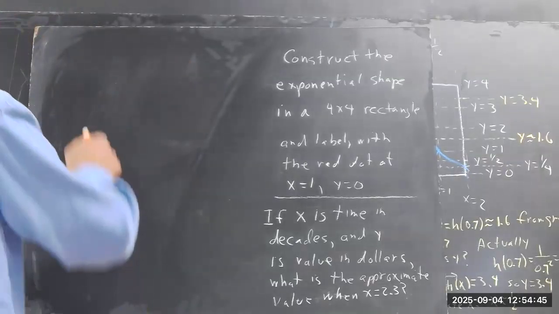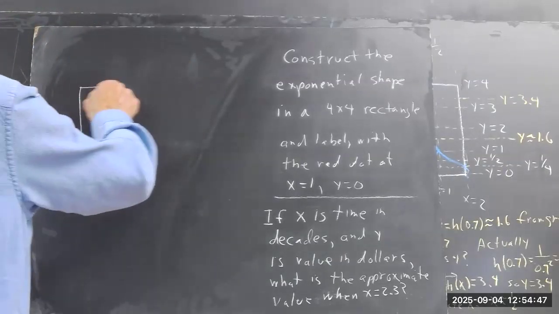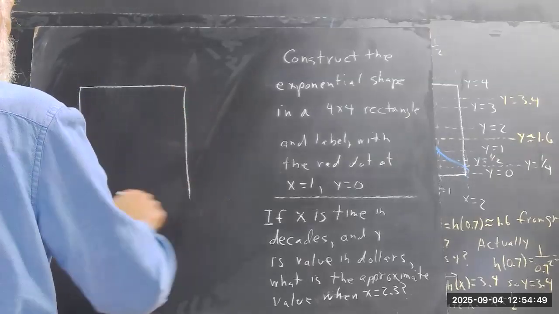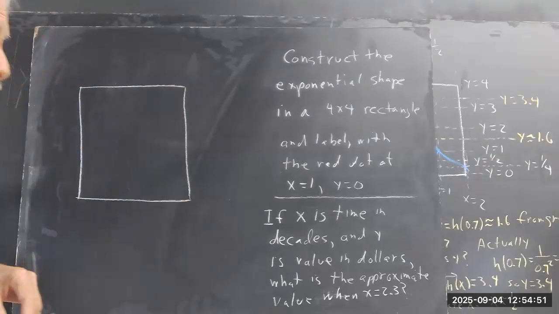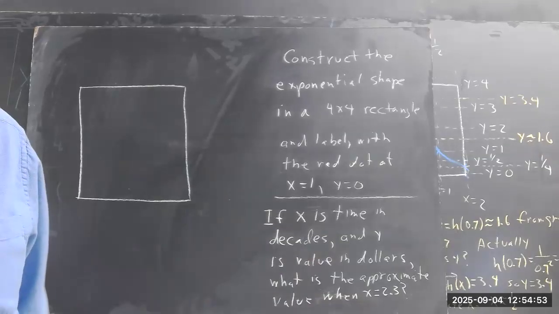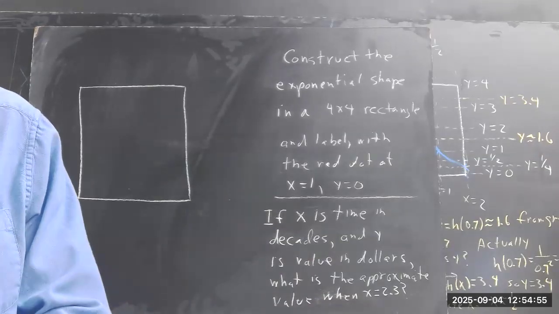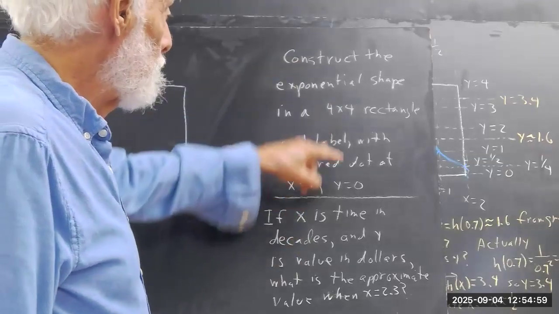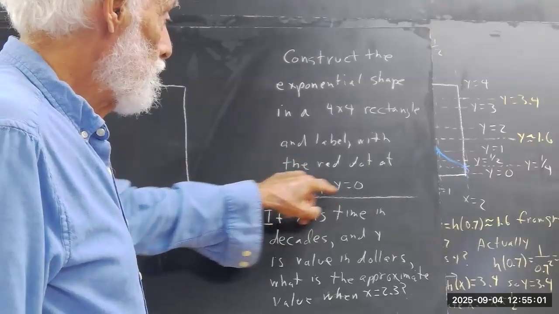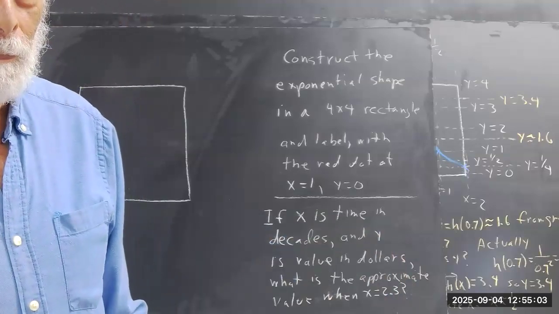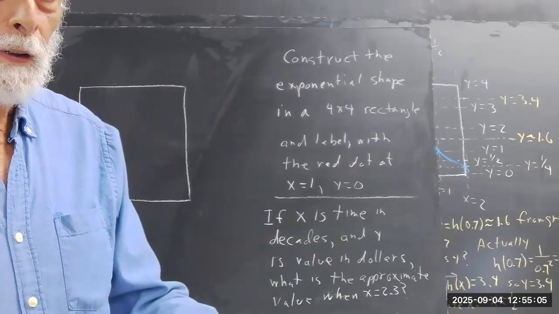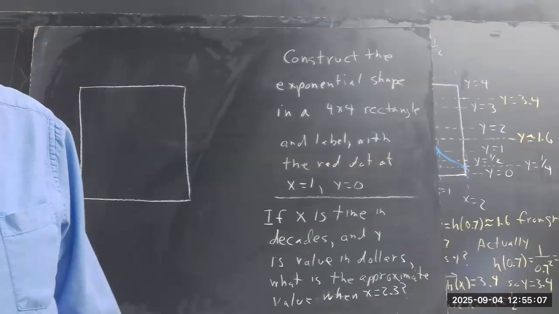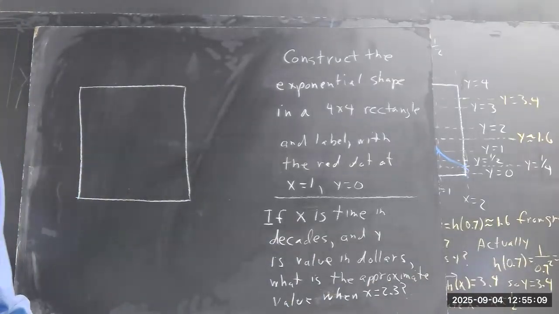I'm going to construct the exponential shape. Now, when you say construct the exponential shape, you don't put numbers on it. No numbers. Then we say, okay, it's a 4x4 rectangle with the red dot at 1, 0. Okay? But we construct the shape without thinking about any numbers. We just fold the dang paper.